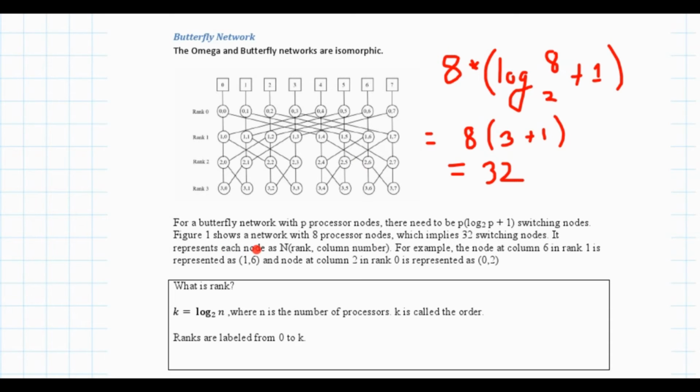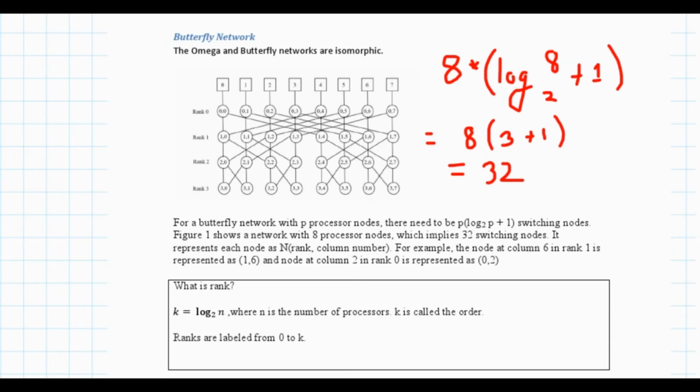each node as n, rank and column number. That means you can find something new in this representation. It's called rank. It can be thought of as a two-dimensional array or two-dimensional matrix in simple terms.